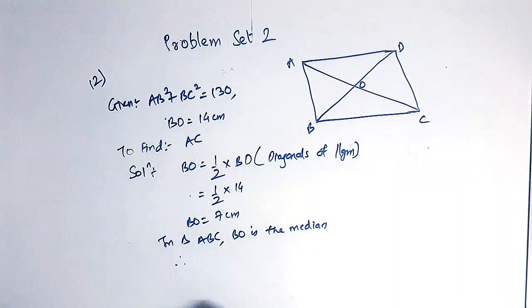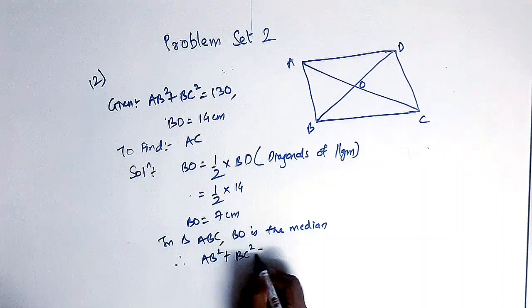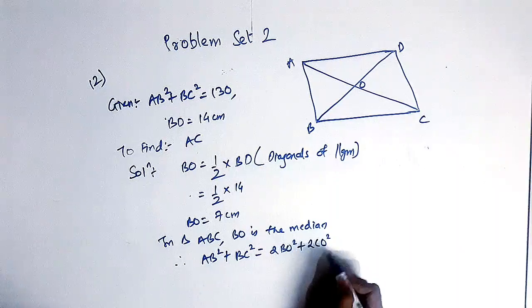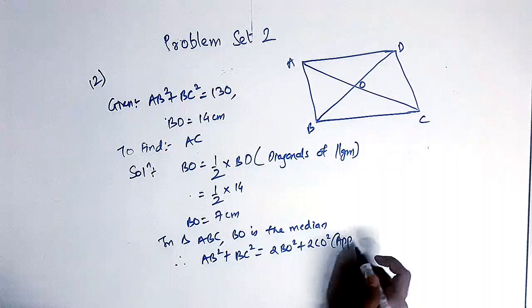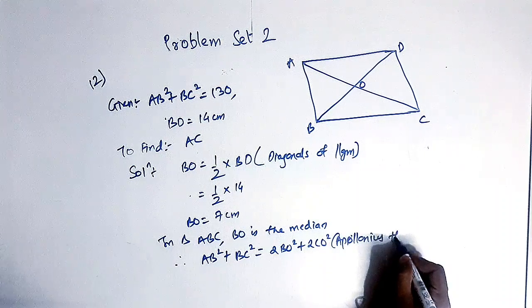By Apollonius theorem, what can we write? AB square plus BC square is equal to 2BO square plus 2CO square. Correct? This is by Apollonius theorem.